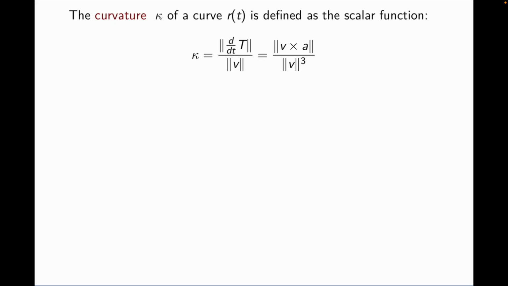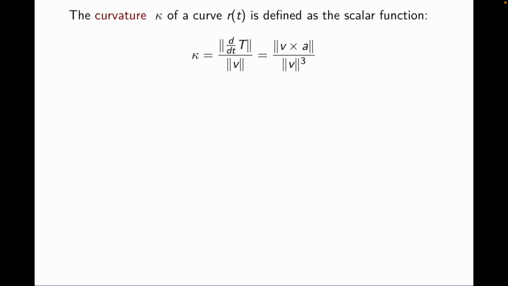Well, the curvature of a curve r(t) is defined as a scalar function. I mean, it's a function that is going to assign a number to each t. It's not a vector valued function, and it is the norm of the derivative of the tangent vector that we were talking about, divided by the norm of the velocity.